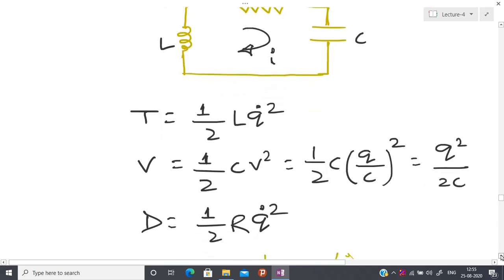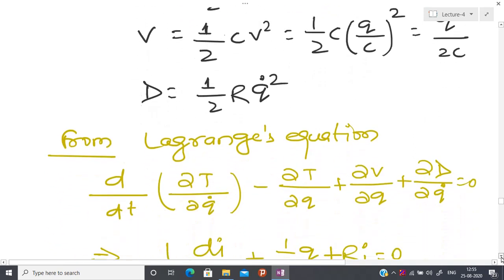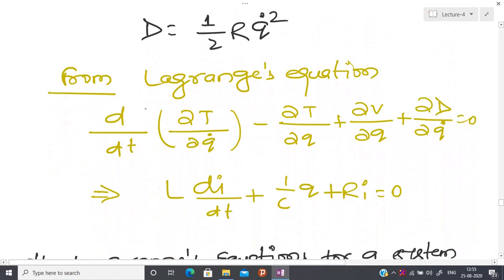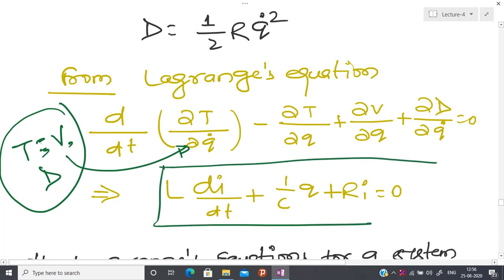And the resistor always acts like a dissipative element, so B is replaced by R, and in this way I am able to formulate the Lagrangian function. I know T, I know V, I know D, so I am able to solve this equation. So I know the kinetic energy, the potential energy, and the dissipative function.